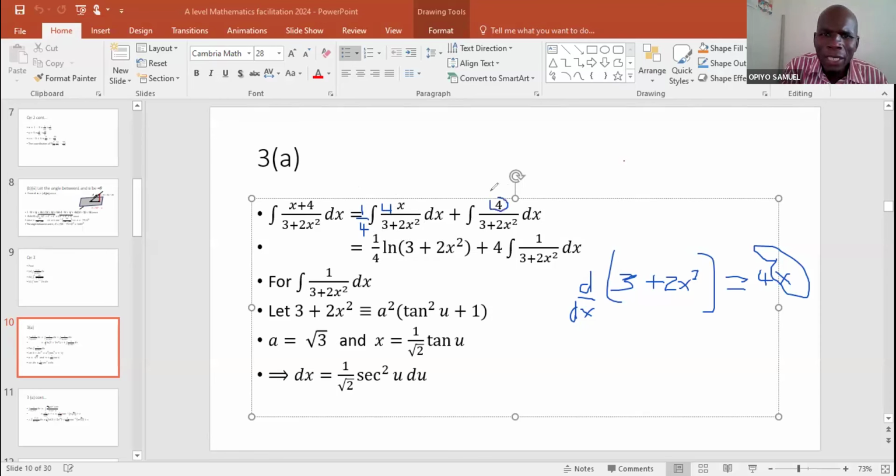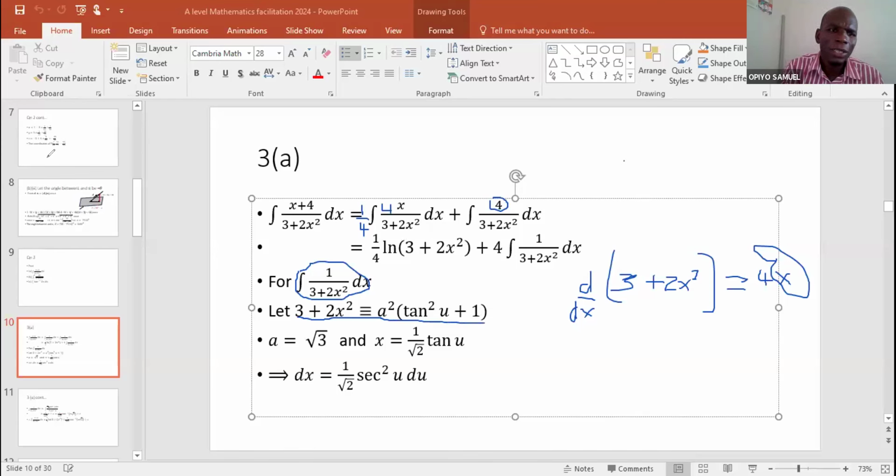Meanwhile, the 4 here is a constant we can pull out. Then we consider the integral of this, and for this case we use the tan substitution.